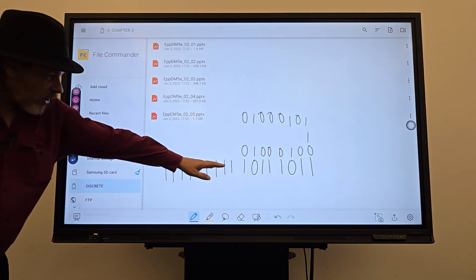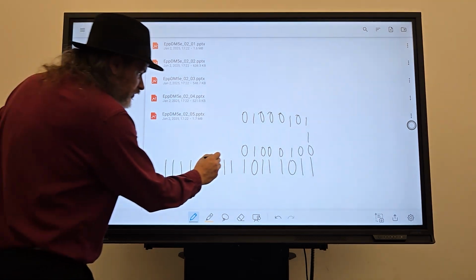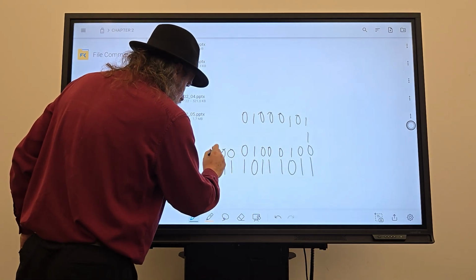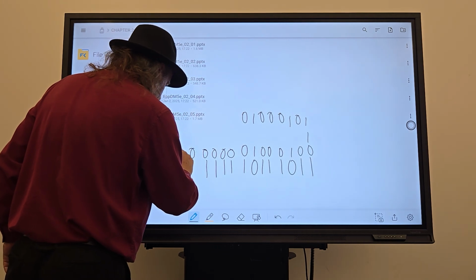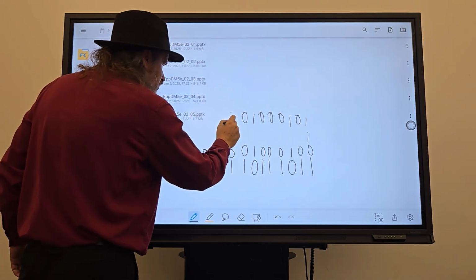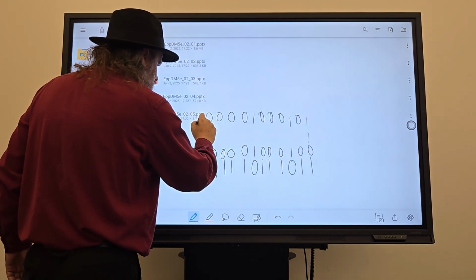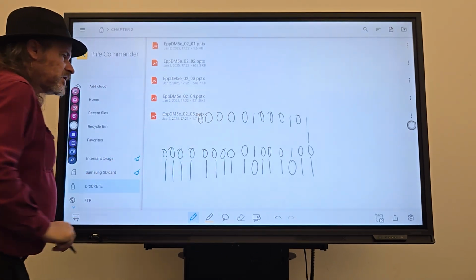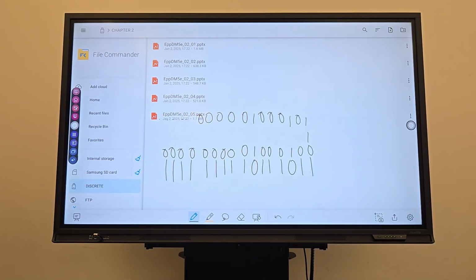And with all these, if these were flipped as well, those would just be leading zeros on the number. See how that works?